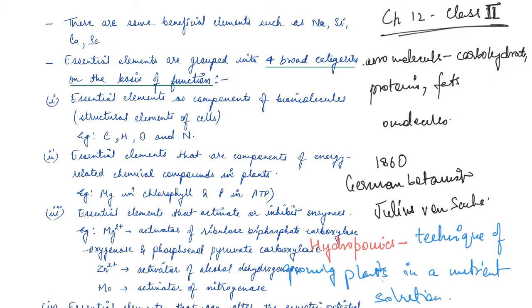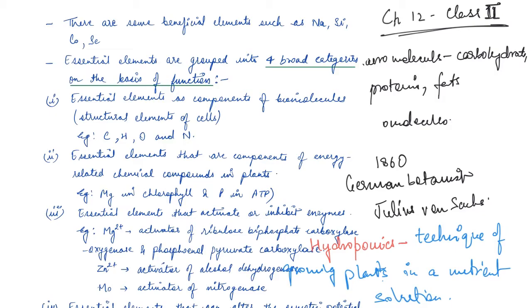Like we have magnesium, which is an activator for both ribulose bisphosphate carboxylase oxygenase and phosphoenol pyruvate carboxylase. And both of these enzymes are critical enzymes in photosynthesis, in photosynthetic carbon fixation.